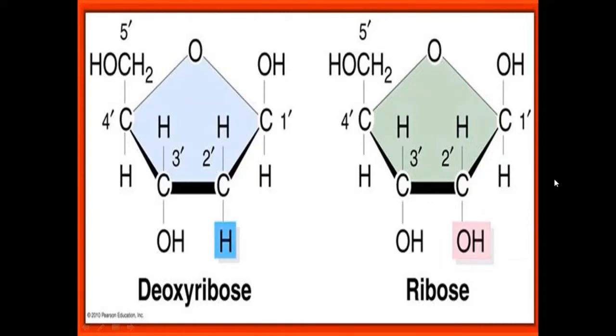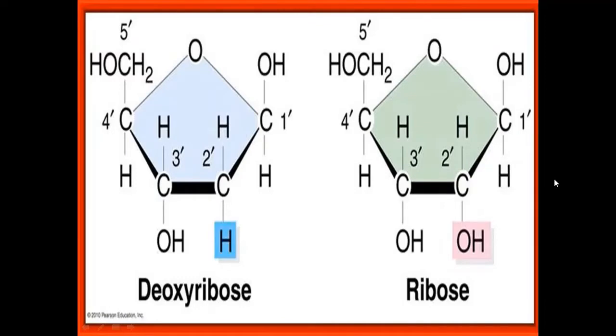C5H10O4. Along with the DNA, living organisms also consist of another type of nucleic acid called RNA, which has ribose sugar in it, with the chemical formula C5H10O5.